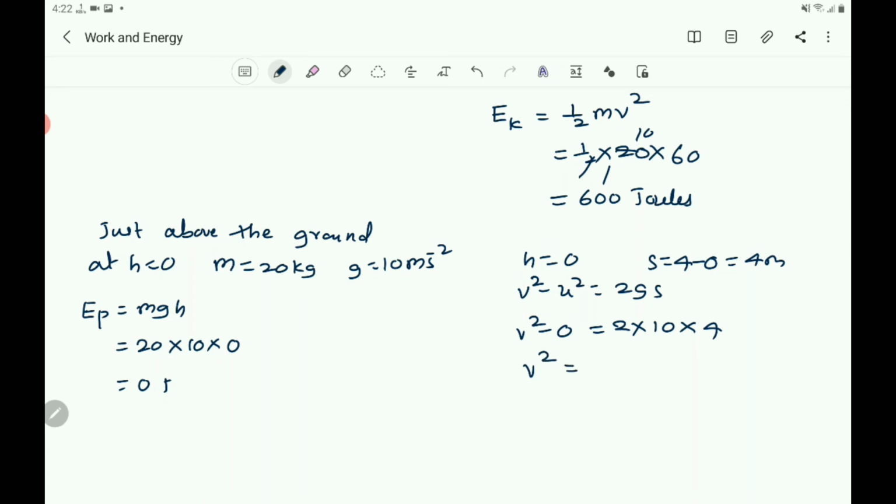Then v square equals 2 into 10, 20, 20 fours are 80.